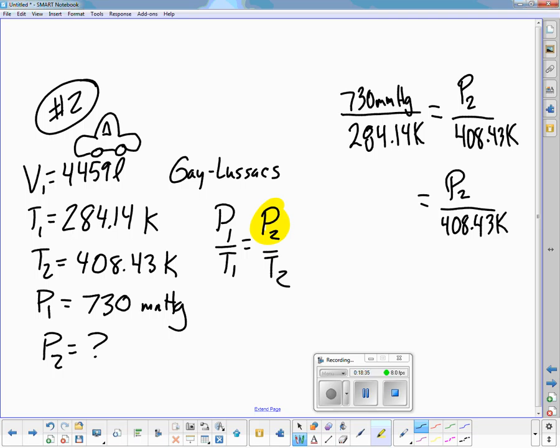So you should be following us through unless you're ahead of us. Give me a couple more. 5, 7, okay. Then all we have to do is multiply both sides by 408.43. Over here it cancels out, and we get P2 is equal to what?